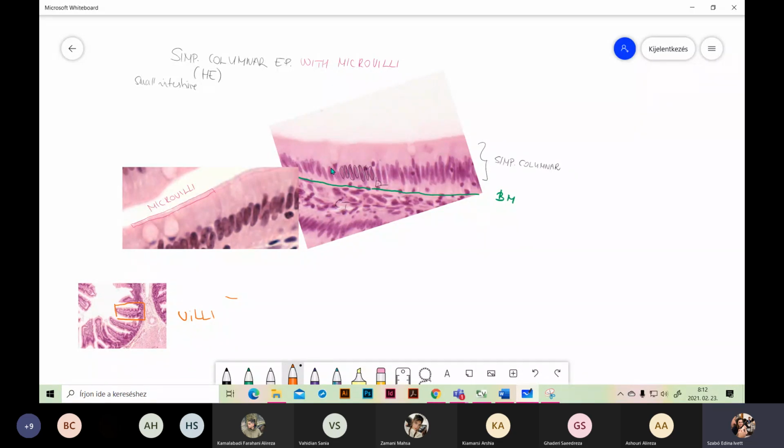If you have a simple columnar epithelia, we always have to check the surface modifications. In case of this epithelia, we can find microvilli on the surface. How do they look? How can we recognize this surface modification? We mentioned that previously.